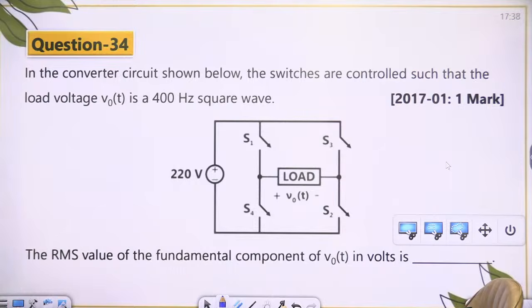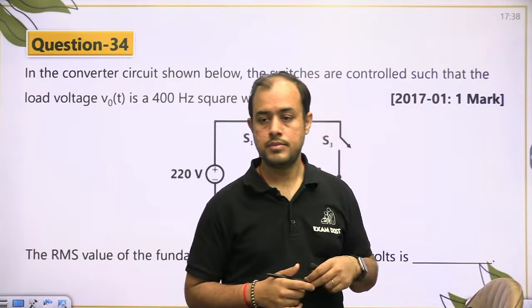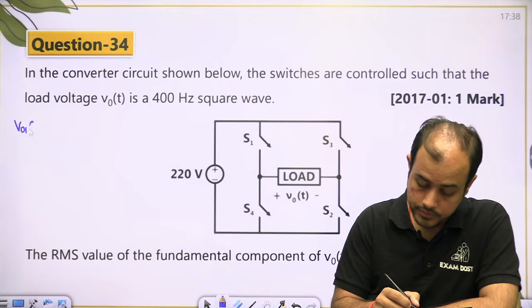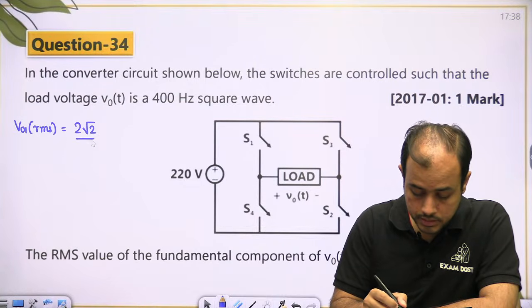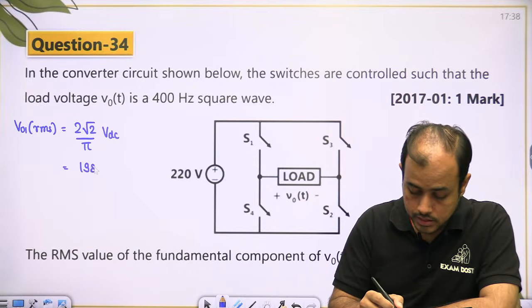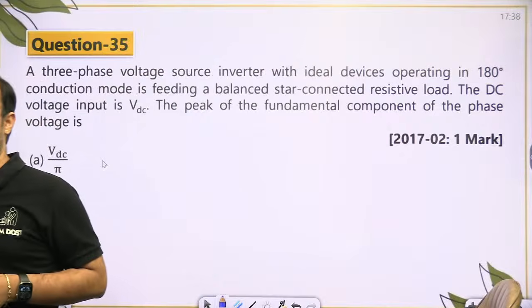It is called square wave mode. So in square wave, this is the result. 198 volt. Okay, 198 volt.